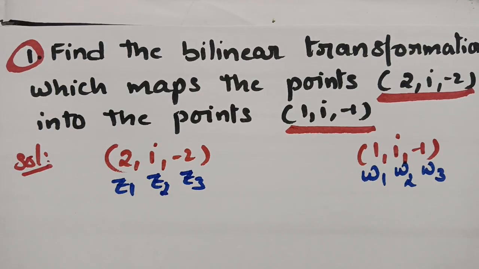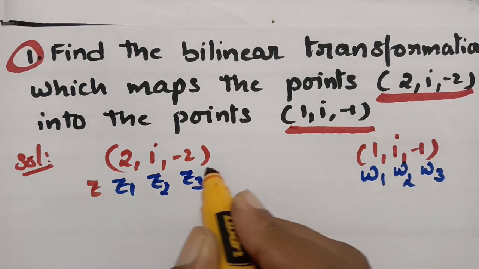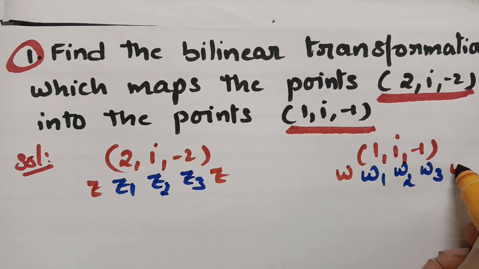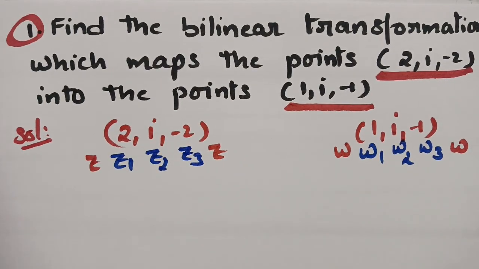If you take z on both sides and w on both sides, the formula is very simple.